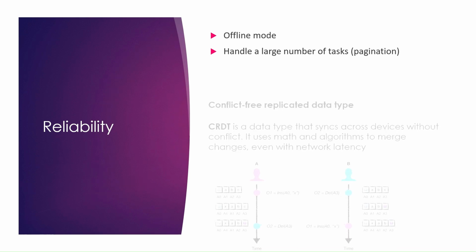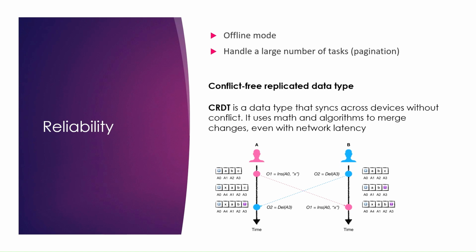From a reliability perspective, I would like to discuss two topics: offline mode and managing a large number of tasks. We have already covered the second topic in the API session. But to implement offline mode, we have one interesting thing: conflict-free replicated data types.